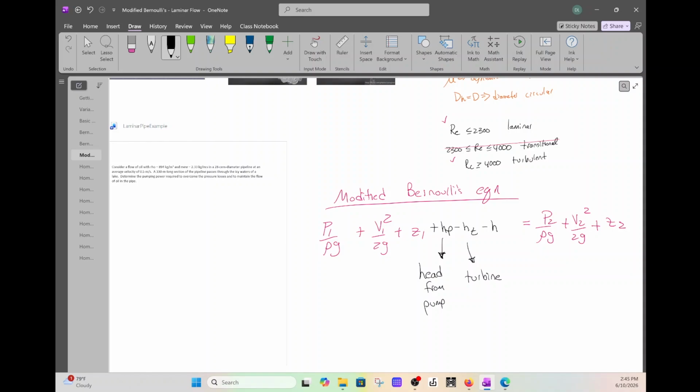And then you also have losses from friction.